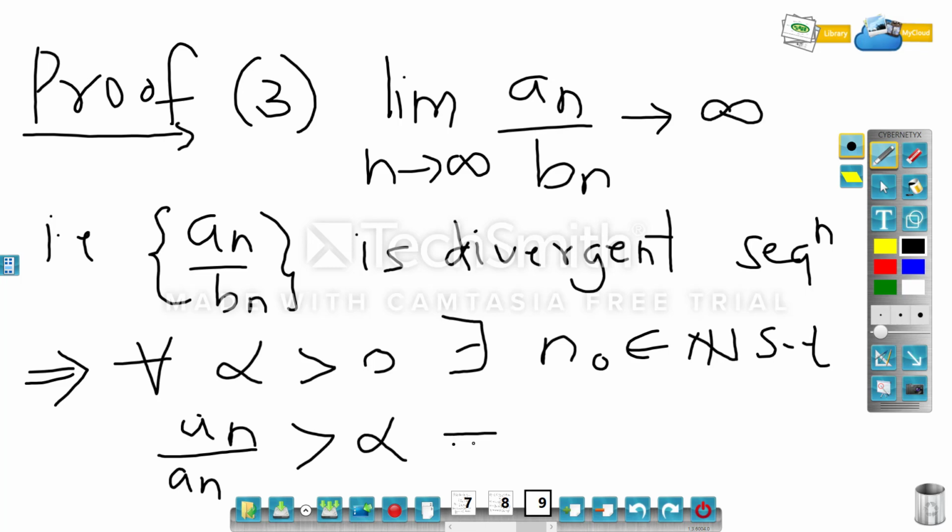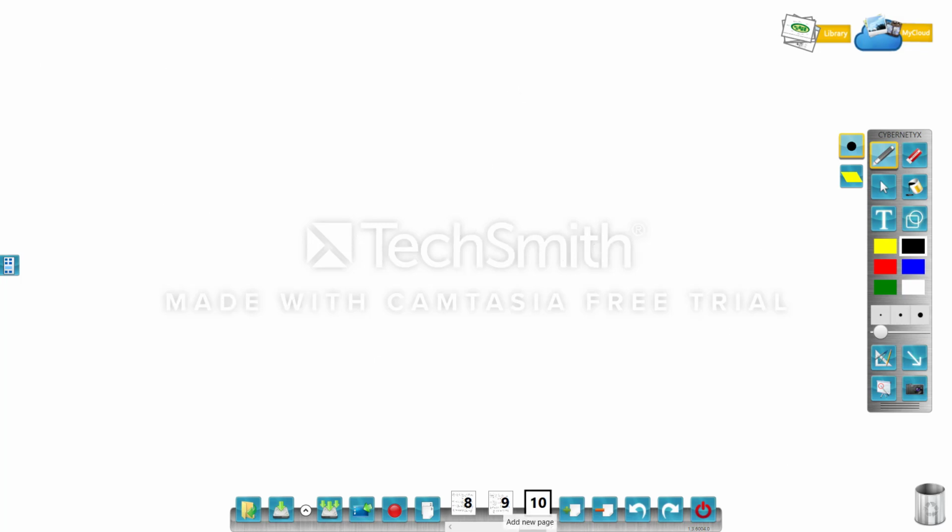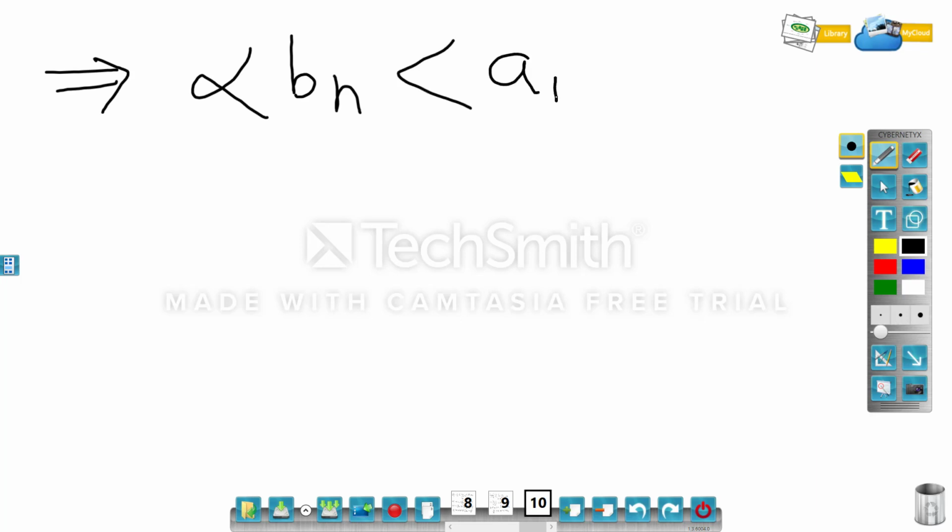That would imply An is greater than alpha times Bn. That would imply alpha times Bn is less than An.